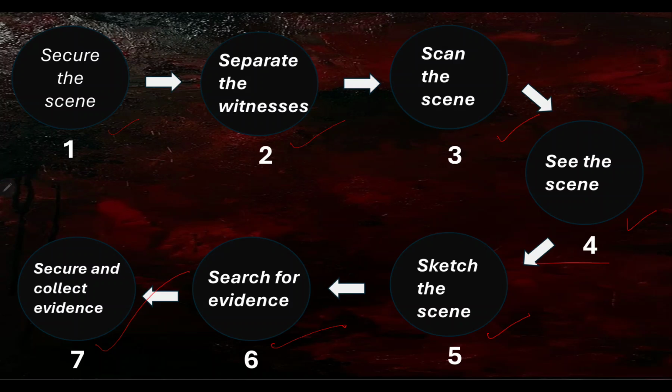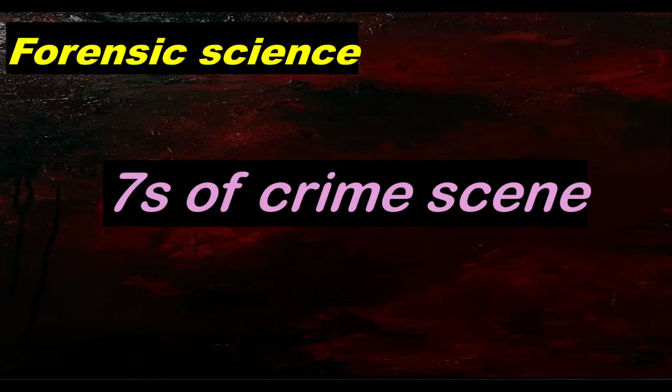So this is about the 7 S of the crime scene. After knowing this topic, maybe people have realized how important these 7 S of the crime scene are, right? So I just want to conclude with this: please remember the 7 S of the crime scene, because they may come up from an examination point of view, I mean for the entrance exams, because you have to remember each point, and mostly they can ask questionnaire-wise, such as what is the correct order.